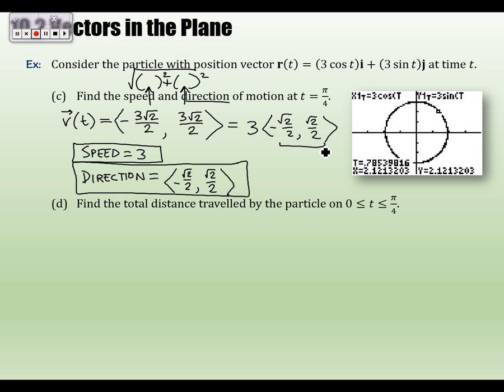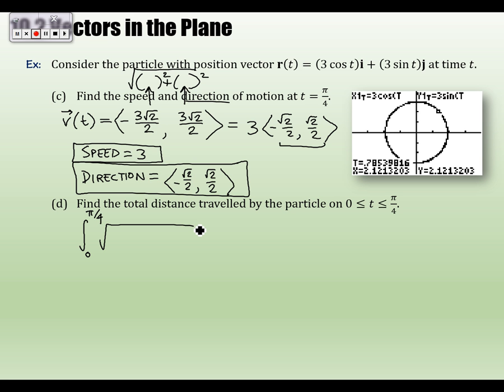Okay. Find the total distance traveled by the particle. All right, so now you're integrating the velocity function, right? So from 0 to pi over 4. By the way, this one, see if you can do without a calculator, because it comes out really nicely, just because it's a circle.